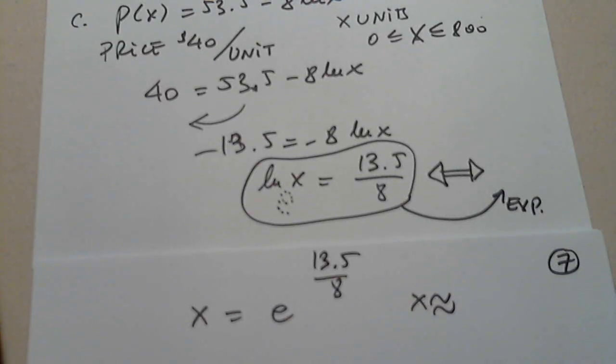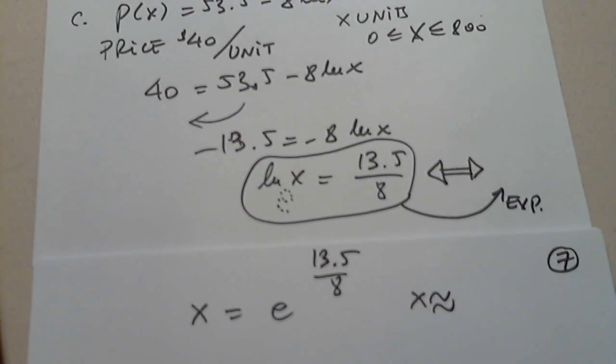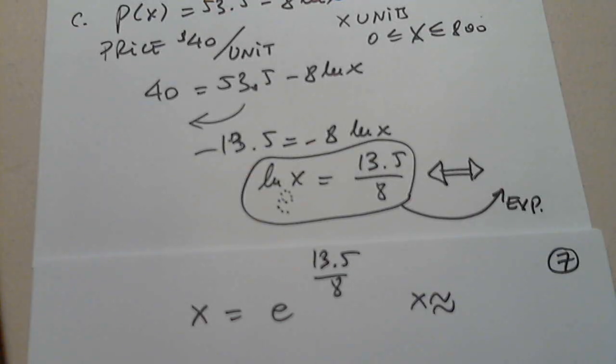Nobody can do that by hand, so let's share screen and take a look. Good. So e, and in parentheses 13.5 divided by 8 and close. Okay, so let me just double check, x was the number of games sold in thousands.